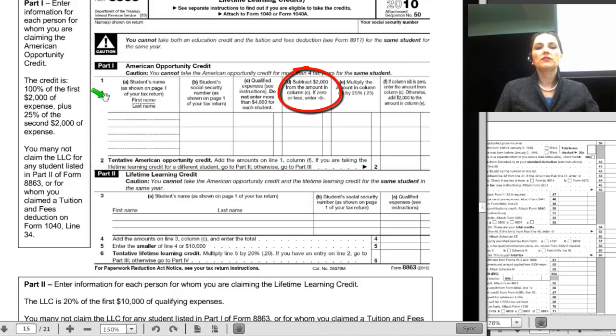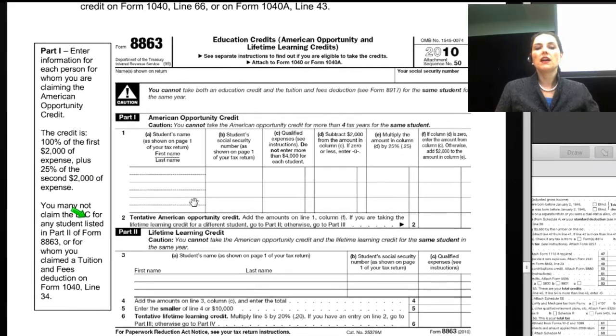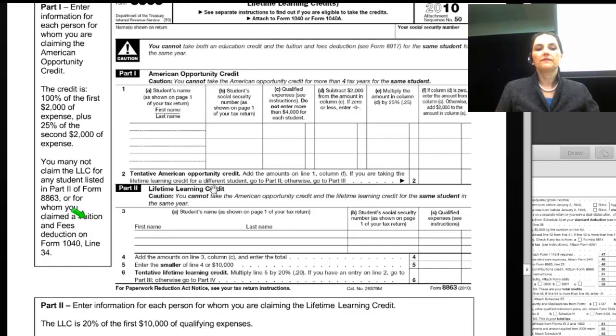The credit is 100% of the first $2,000 of expenses and 25% of the second $2,000 of expenses. The maximum credit per student is $2,500. You may not claim the American Opportunity Credit for any student listed in Part 2 of Form 8863 or for whom you claimed a tuition and fees deduction on Form 1040, line 34.